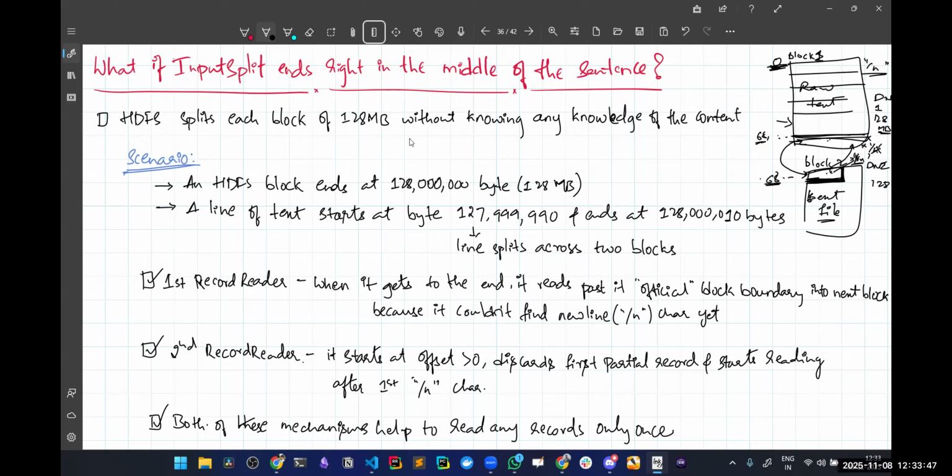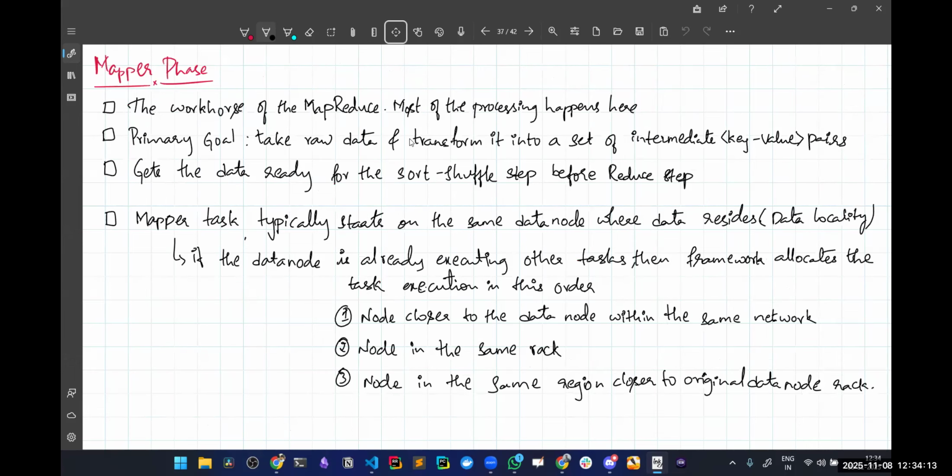HDFS doesn't care whether it's the middle or the end of a sentence; it will just chop up the 128 MB block and be fine with it. But while processing the data it gets tricky, and we would have double reads and all of that, which is not good at all.